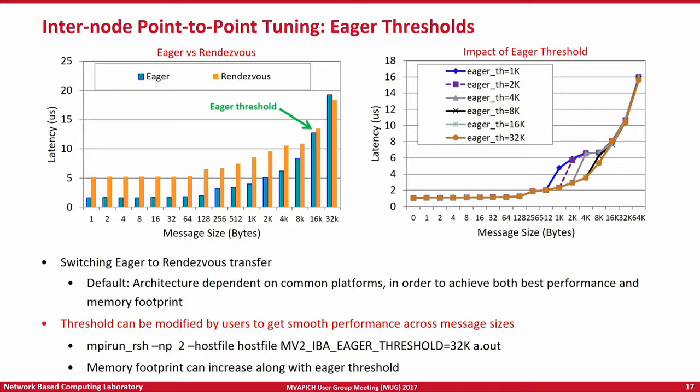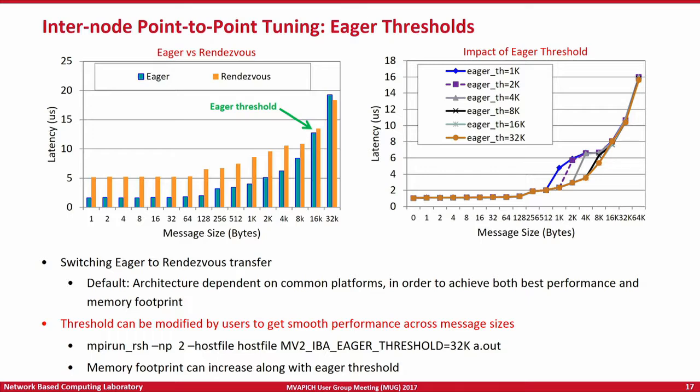That is what I would like to focus on in the next two slides. So how do you analyze the overlap potential of your eager protocol versus your rendezvous protocol? How does your eager protocol really work? The application may be doing some computation, and after the computation, your sender process may schedule a send operation and the receiver may schedule a receive operation.